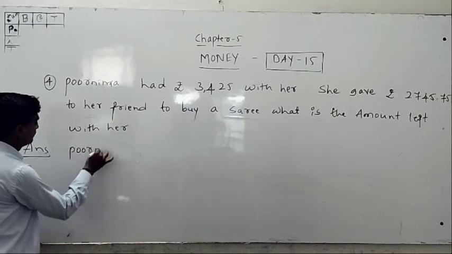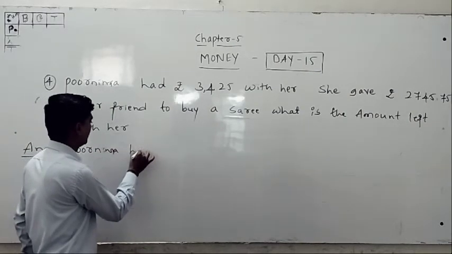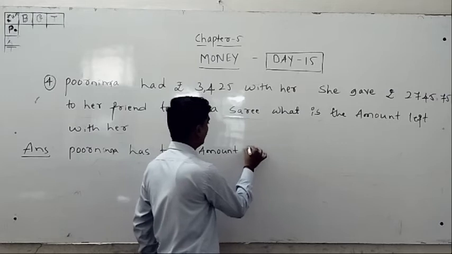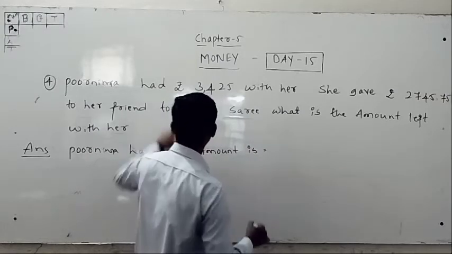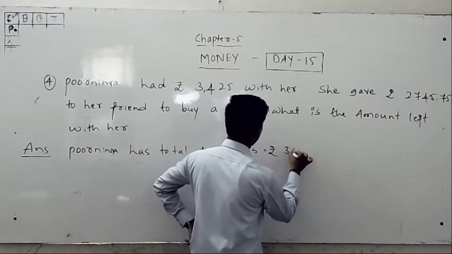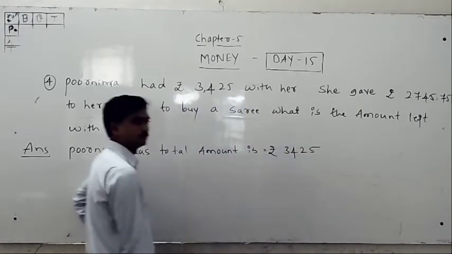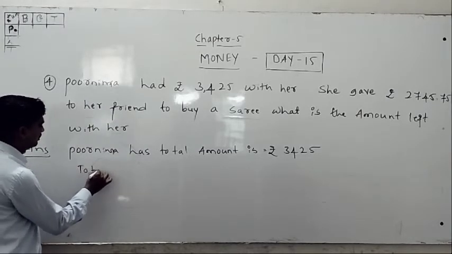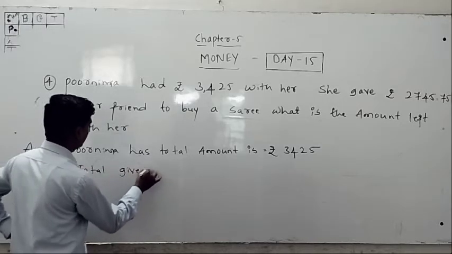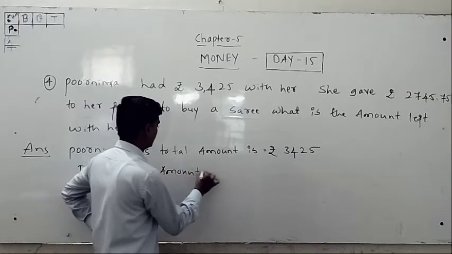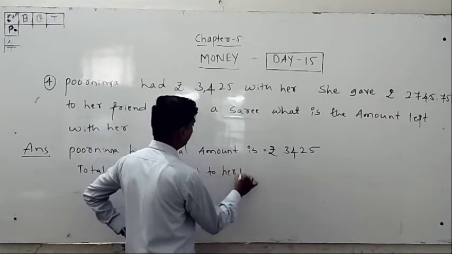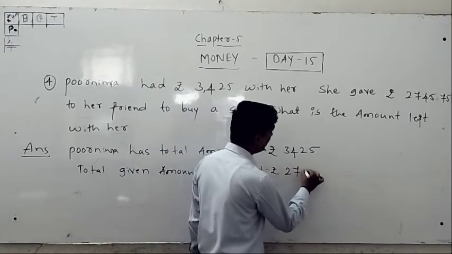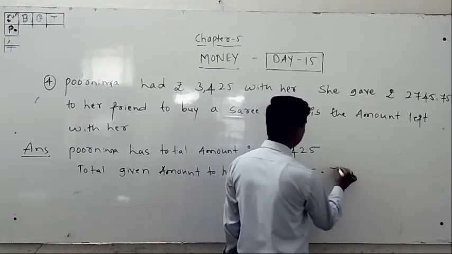Now the answer. Purnima has a total amount of 3,425 rupees. Then the total amount given to her friend is rupees 2,745.75.